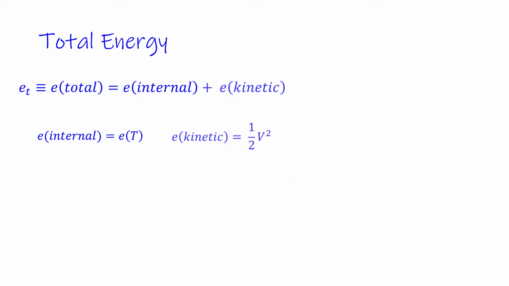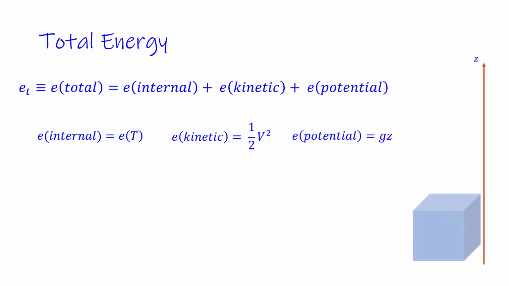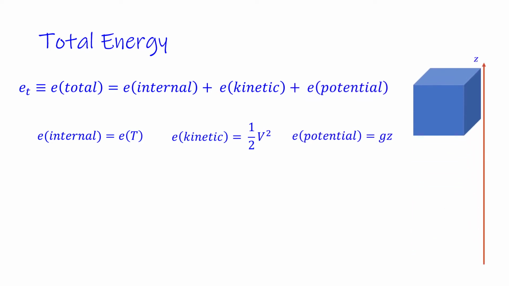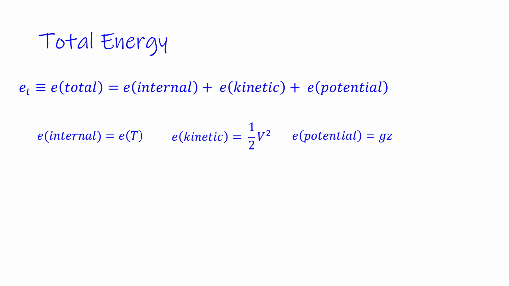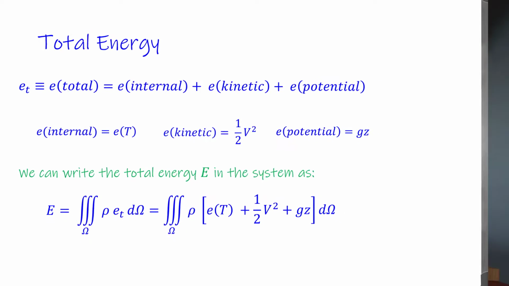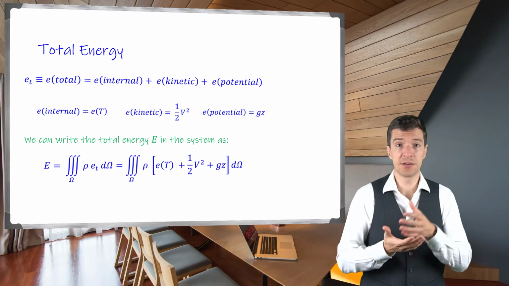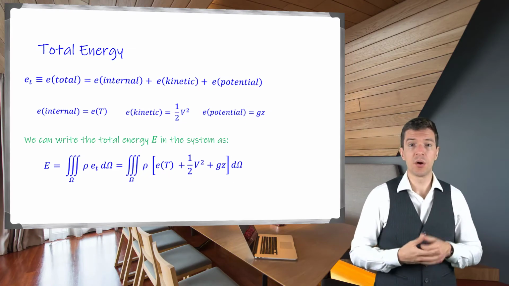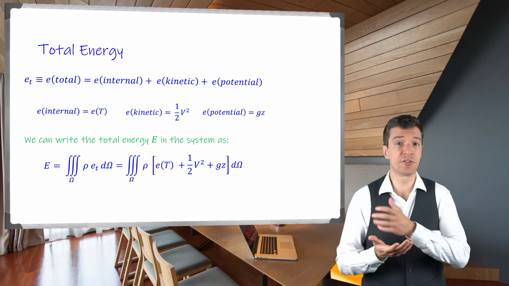The kinetic energy, that is a function of the fluid velocity. And last, the potential energy, that is proportional to the fluid local elevation in the direction of the acceleration vector acting on the fluid. In this way, we can write the total energy as a volume integral of the energy per unit mass, or in terms of the three forms of energy.